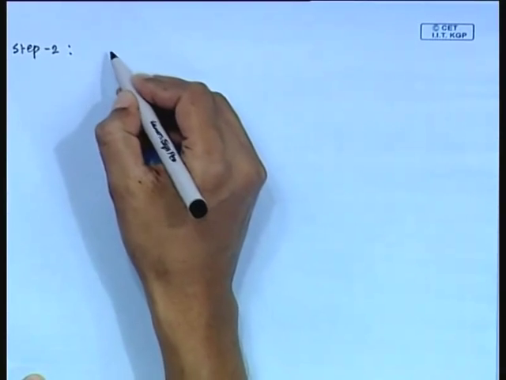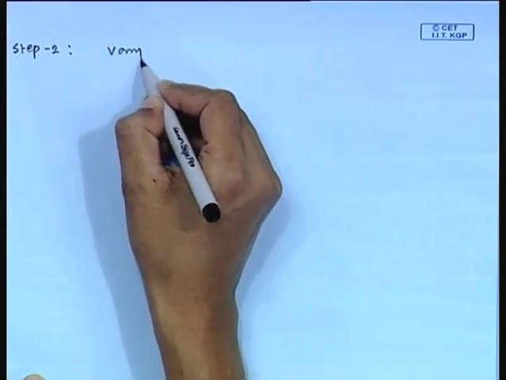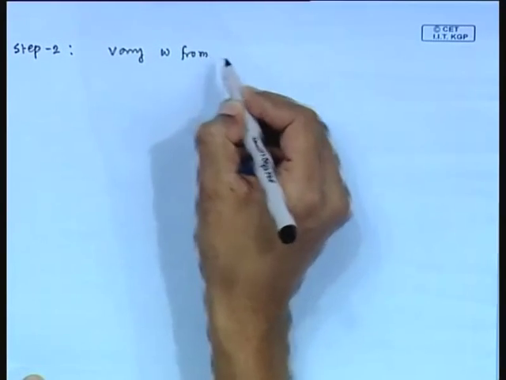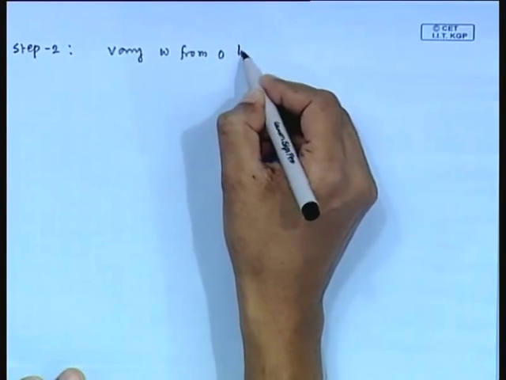So, that range we will divide into two ranges, one is from minus infinity to 0, another one is from 0 to infinity. So, in step 2 we will vary omega from 0 to infinity.